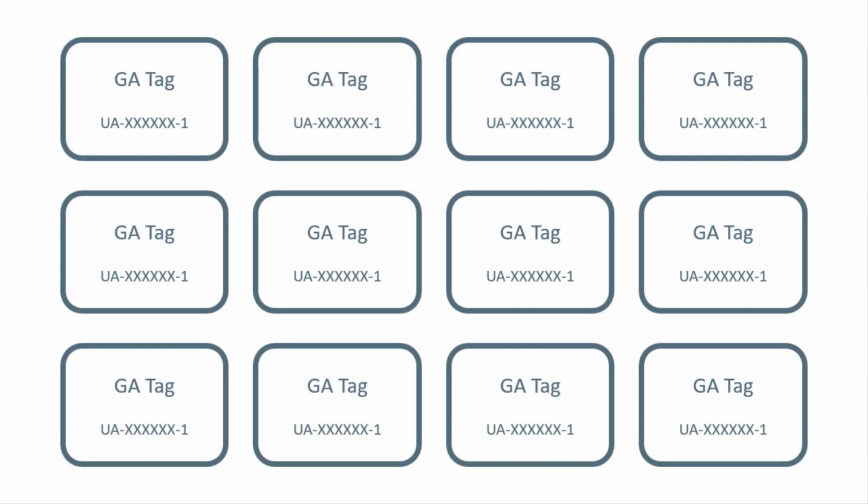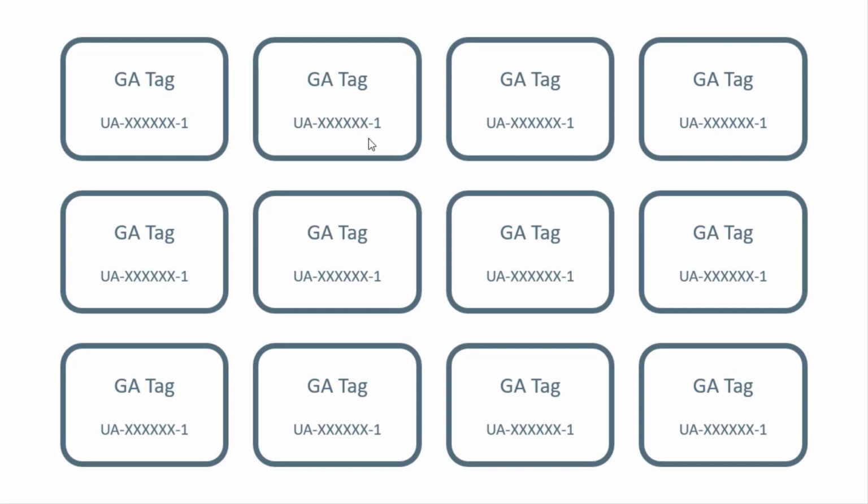A situation where you need to change the tracking ID from something to something else. So for example, from XXX1 to XXX2, because you decided with your client to start fresh, and because the previous setup was incorrect, you decided to have a new property.